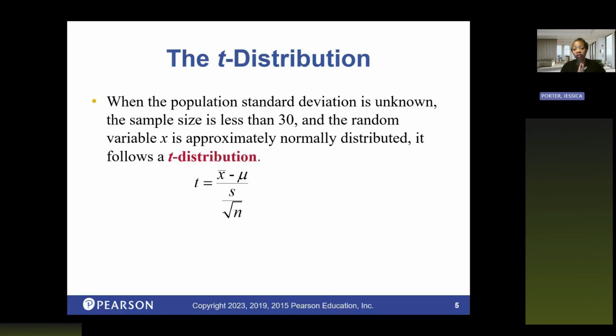We start off with a conversation about the t-distribution. When the population standard deviation is not known, we use something called the t-distribution.